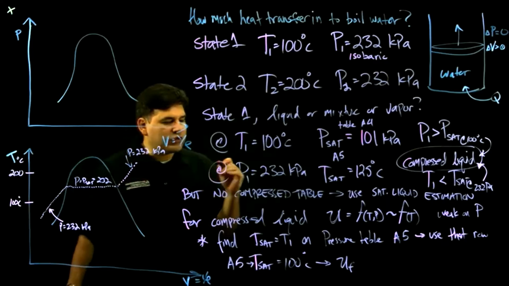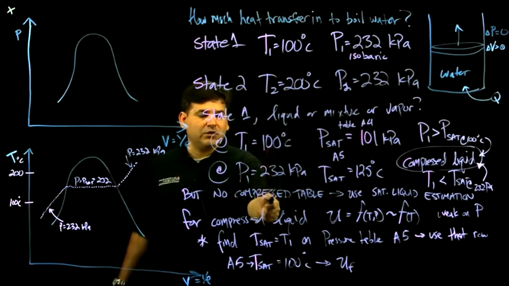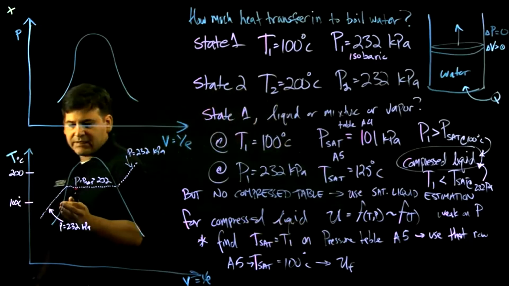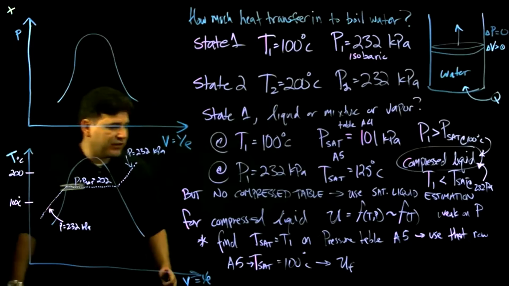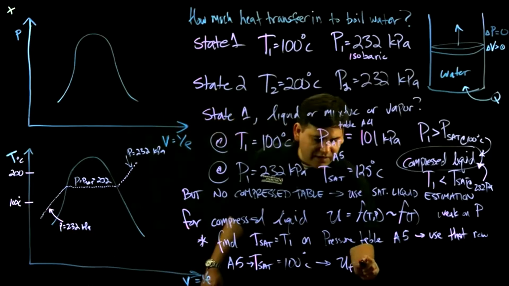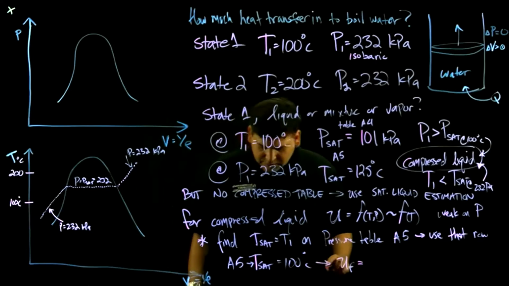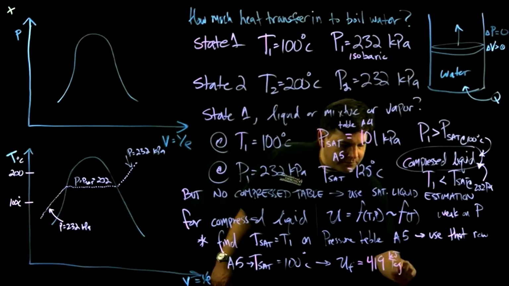Since we're estimating the properties of compressed liquid with the saturated liquid, what we're saying is we're going to use the values on this saturated liquid branch of F column to estimate the compressed liquid. So we can read off UF at this 100 Celsius row is 419 kilojoules per kilogram.